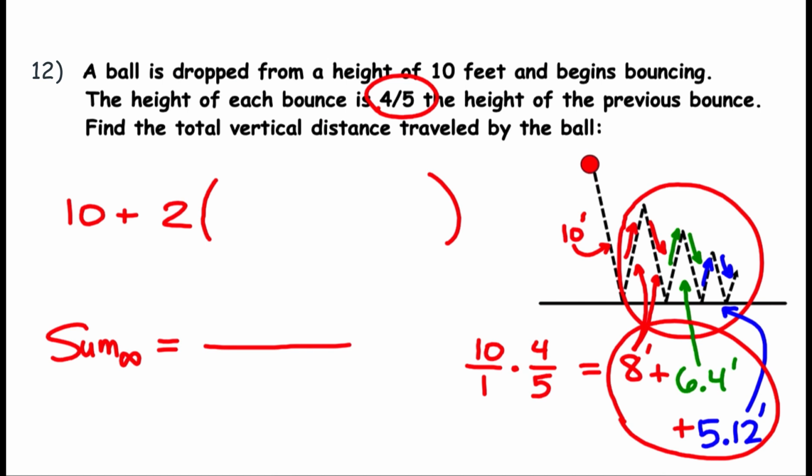Well, it is geometric and it is converging. So we can use the red 8, that's term 1, over 1 minus r, and r is 0.8. That's what I'm multiplying by each time. That's that 4/5. That's going to be 8 divided by 0.2.